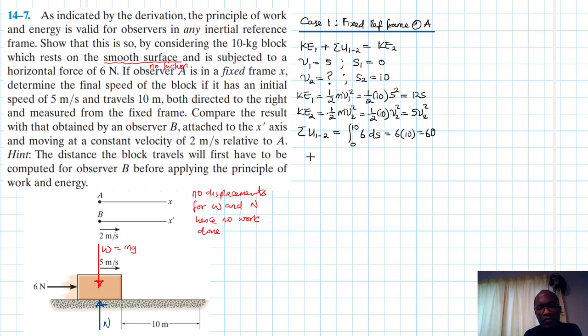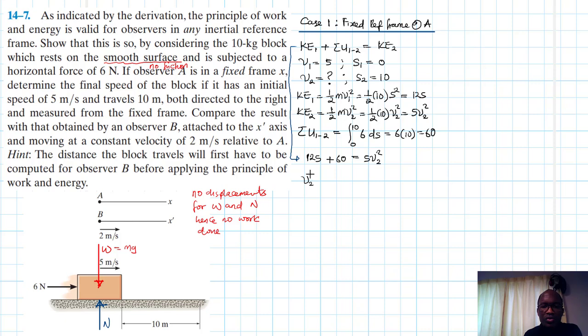Alright, let's sum up everything. We have KE1 125, the total work, and KE2. Mind you, this is the equation we are using. 125 plus the total work of 60 is equal to 5V2 squared, like so.